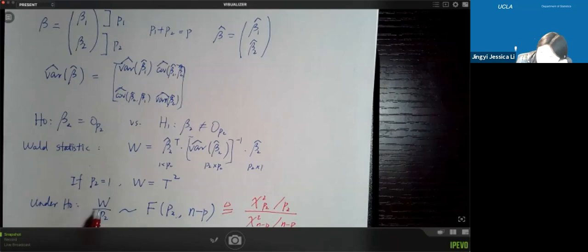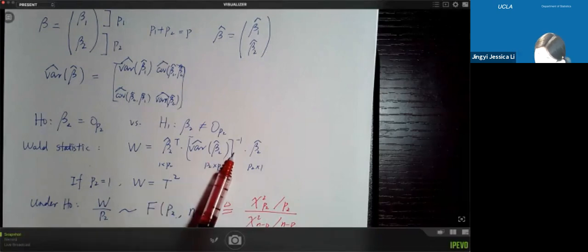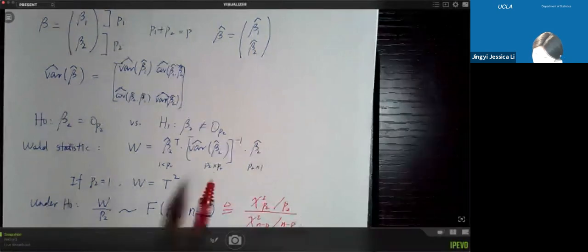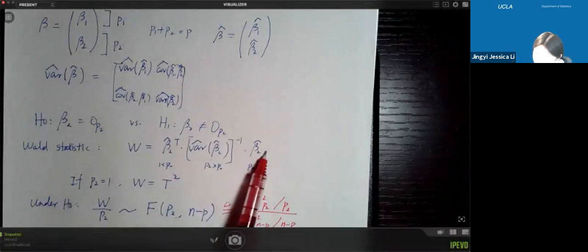So coming back here, you can see that in order to show that, we basically just need to show how we can write this as a ratio in terms of the F statistic. We want to put this in a form that satisfies the definition of the F statistic.